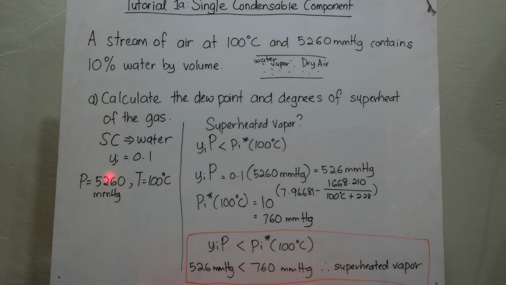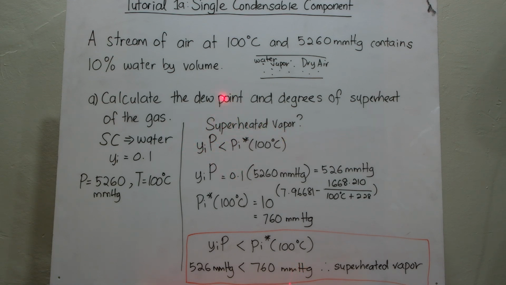And you know the system pressure is 5,260 millimeter mercury and the temperature is 100 degrees C. So the first step, as in our strategy, is to check whether the system is superheated or saturated. This is from our multi-phase system lecture, part 2. In order to know whether it's superheated vapor or saturated vapor, we have to check this equation.